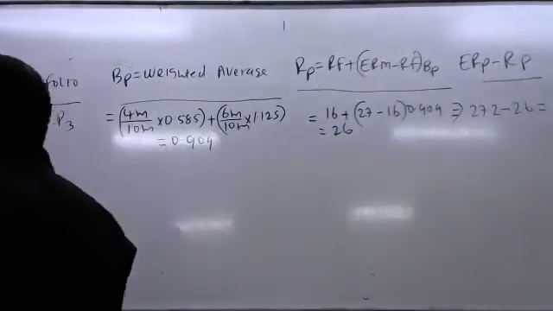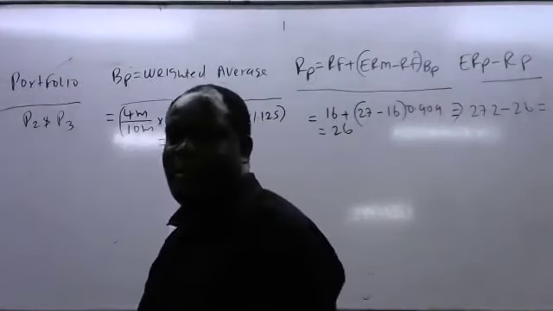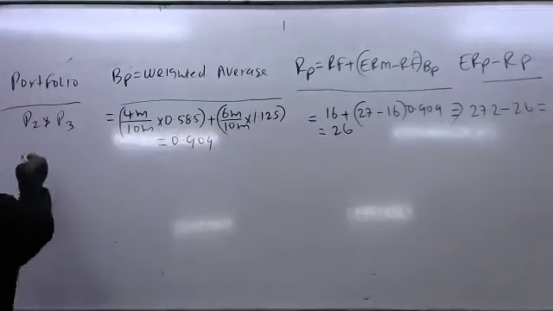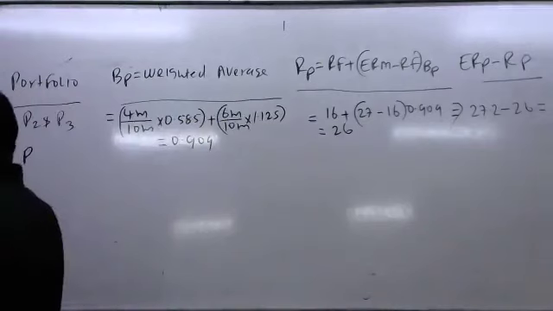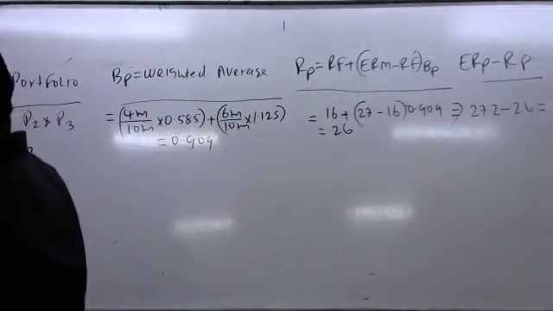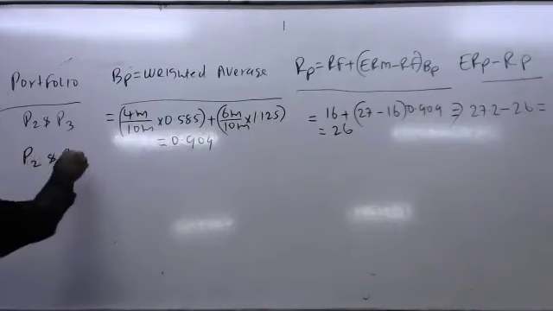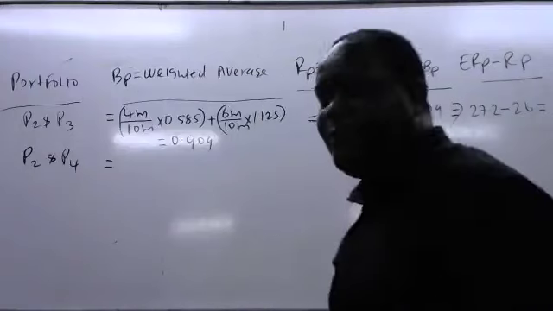So we go to the second combination that we accepted. Remember the second combination that we accepted? It was project 2 and project 4. So also for this one, we get the beta for the portfolio.